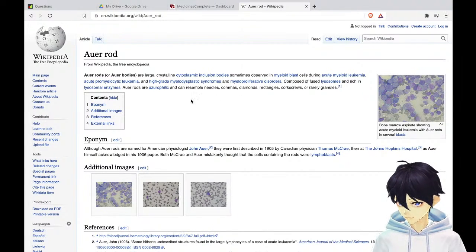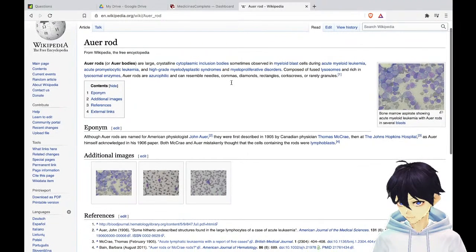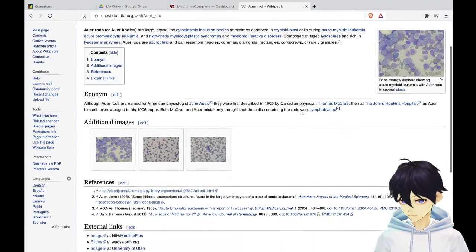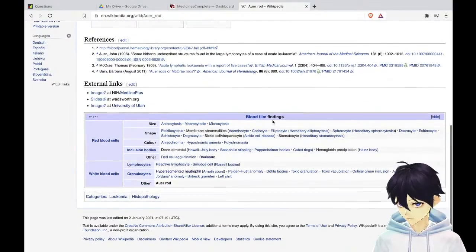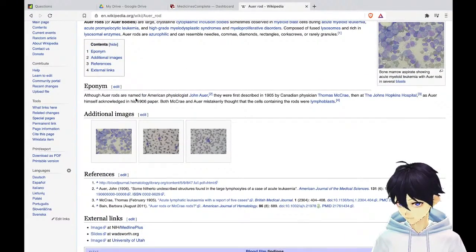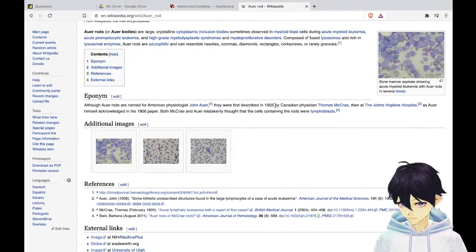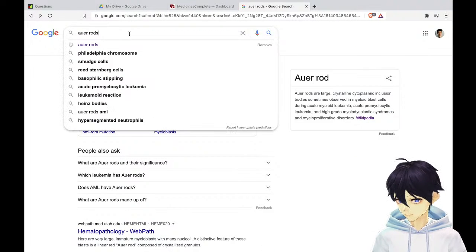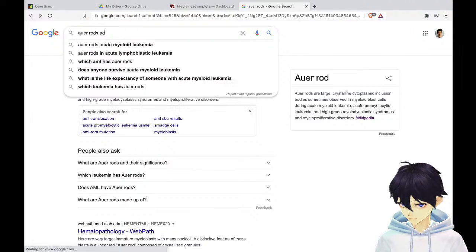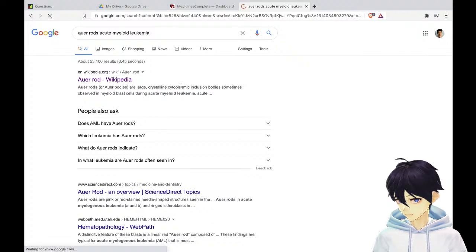During acute myeloid leukemia, acute promyelocytic leukemia, and high-grade myelodysplastic syndromes and myeloproliferative disorders. Although Auer rods are named, they were first described. Why do they happen in acute myeloid leukemia?